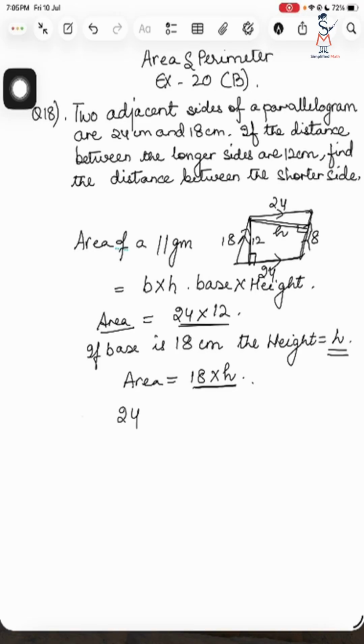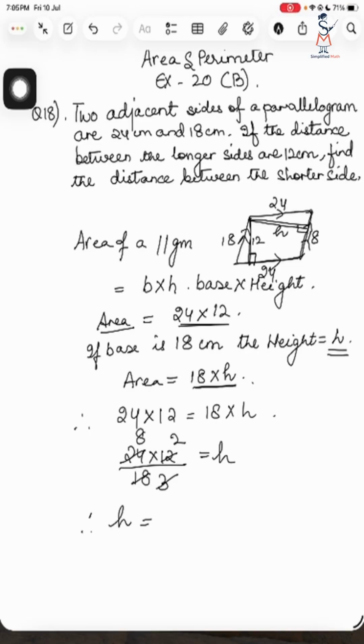So we can write, therefore, 24 into 12 is equal to 18 into h. So h will be 24 into 12 divided by 18. 6 3s are 18, 2, right? Now 8 3s are 24.